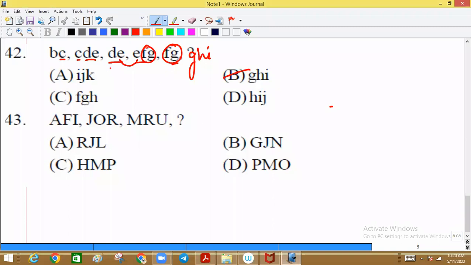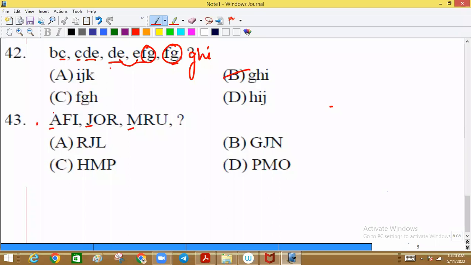43. What's the answer? Here A, here J, here M. So I can't take that series, so obviously I will take in between.